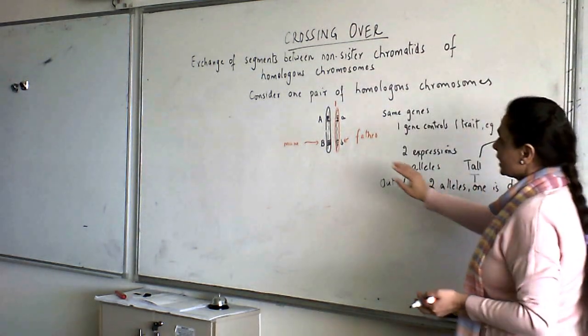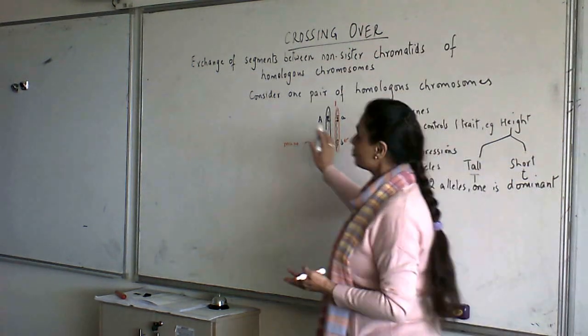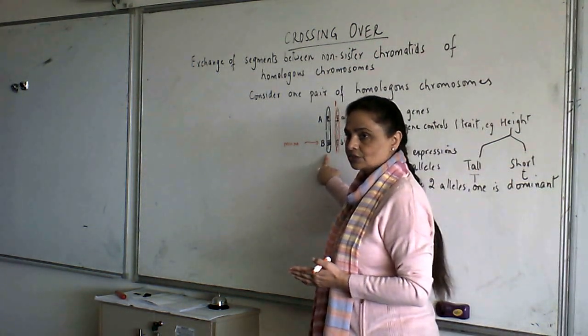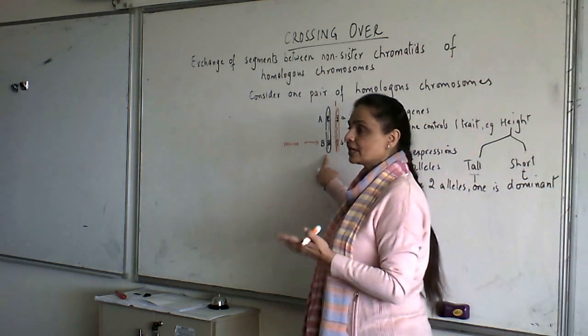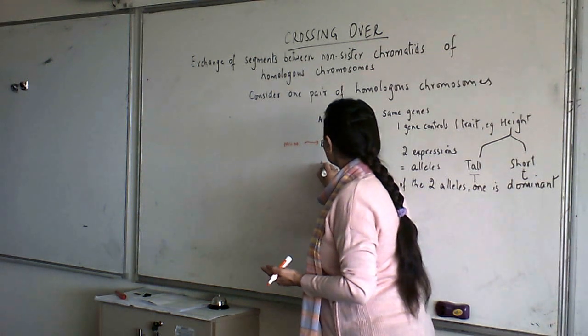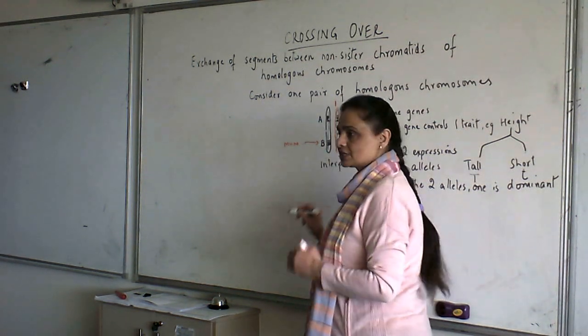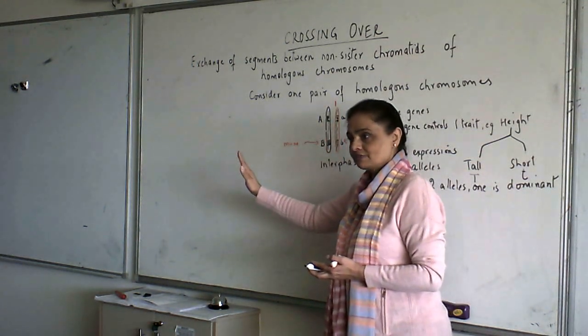So what exactly happens in crossing over? Before crossing over, before prophase, what happens to these chromosomes during interphase? They double up. So interphase will make two chromatids. Interphase is just this bit making a copy of itself.